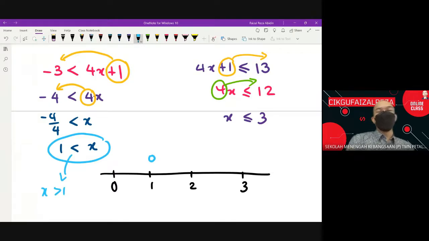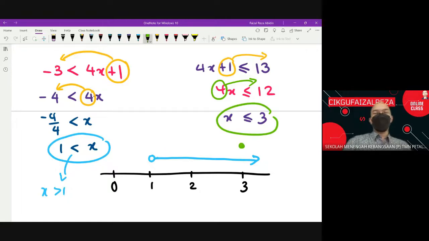So it's going to be to the right here. And then the other one here, x is less than or equal to 3. So it's going to be here. Less than or equal.